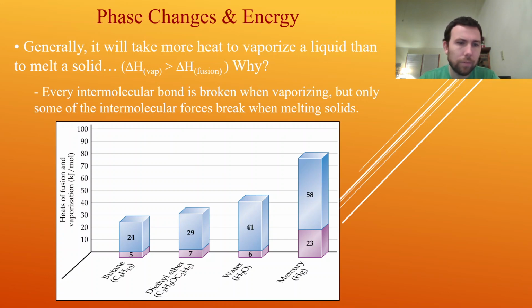So for butane, it takes 5 kilojoules per mole to melt it, and 24 kilojoules per mole to vaporize it. For water, 6 kilojoules per mole to melt it, 41 kilojoules per mole to vaporize it. And again, it's accounting for the fact that all the intermolecular forces are being broken in vaporization, whereas only some are being broken in fusion.